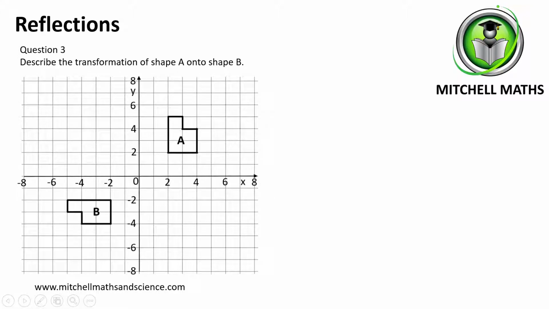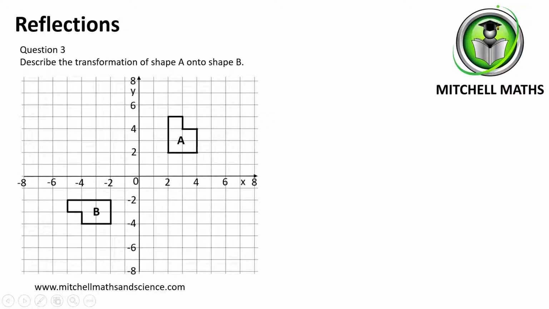Describe the transformation of shape A onto shape B. The reason we know this is not a translation is because we can see the shape hasn't stayed in the same orientation, which means it must be either a rotation or a reflection.